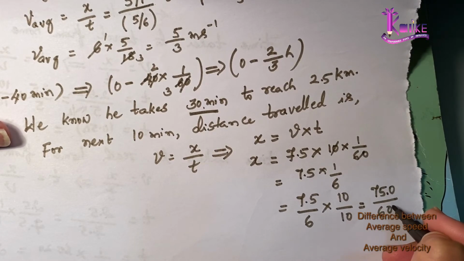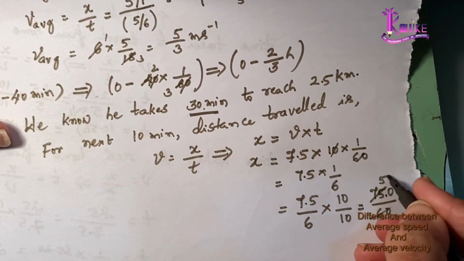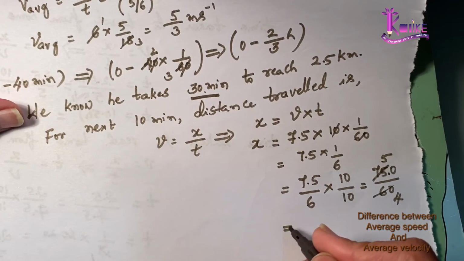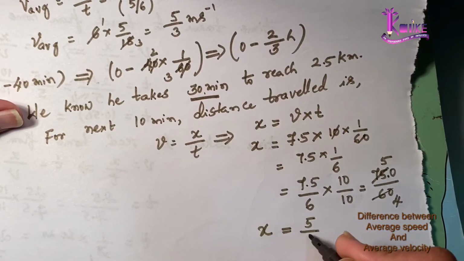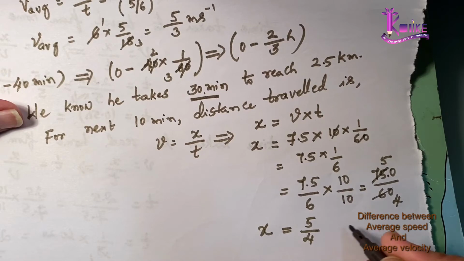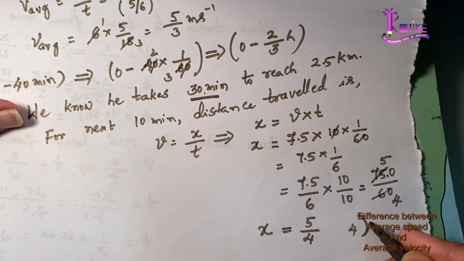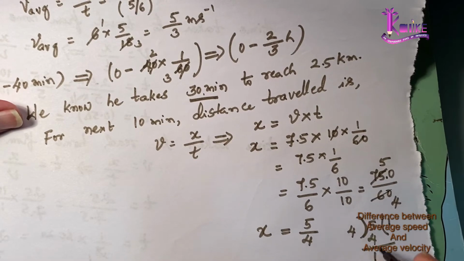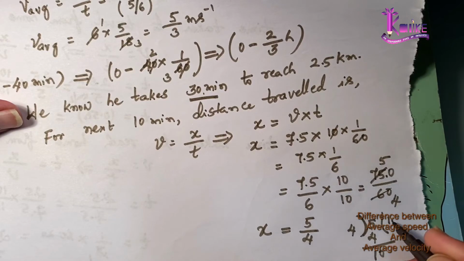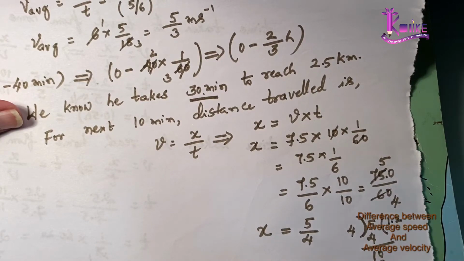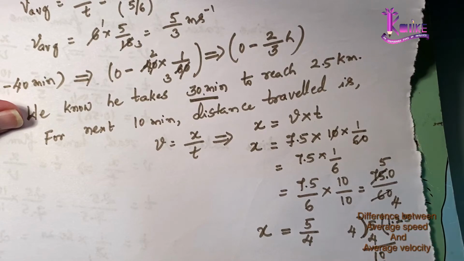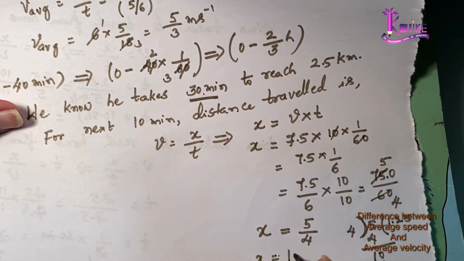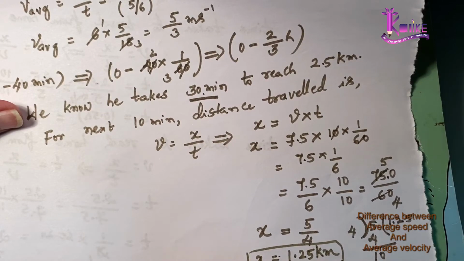So therefore this will be 15 4 times, 15 5 times, which is nothing but x is equal to 5 by 4 kilometer, or let's divide this, find out how much this will be. 4 1s are 4, so you keep a point, you get 0. 4 2s are 8, so this will be 2. 4 5s are 20, so it is nothing but 1.25 kilometer.